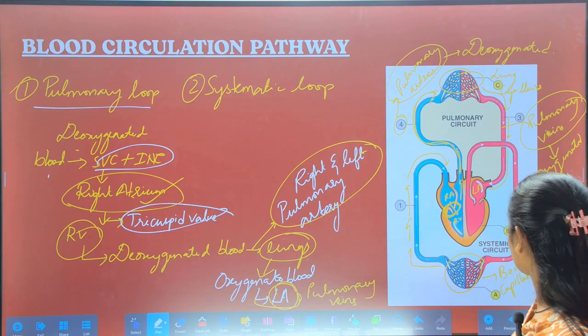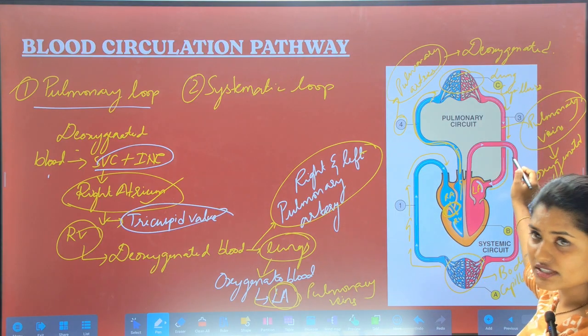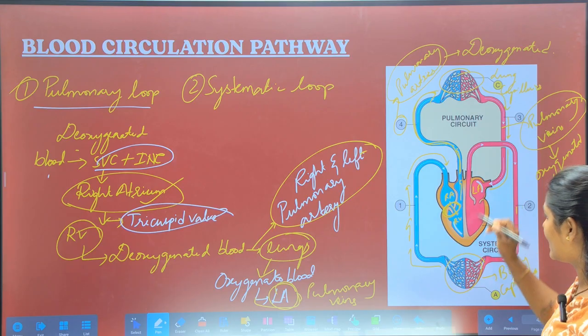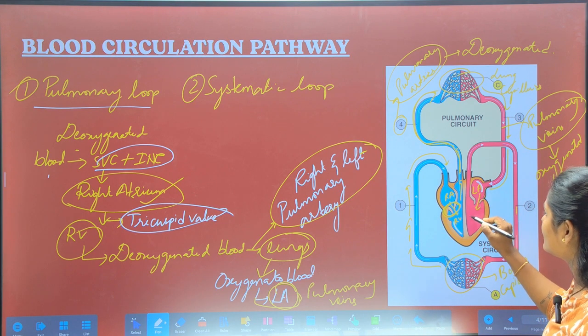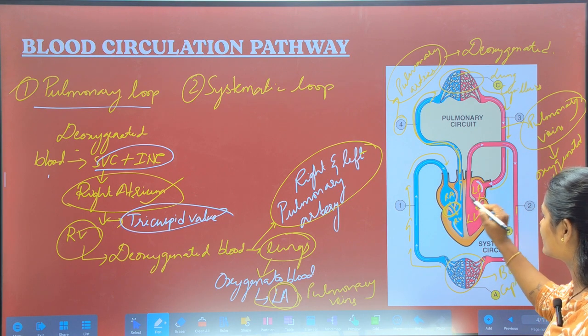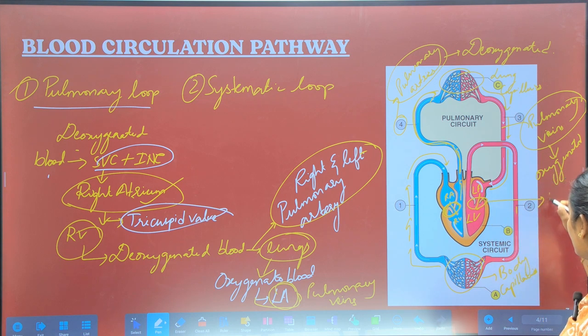So from here, oxygenated blood travels to the left atrium and again it travels to the left ventricle with the help of the bicuspid valve.